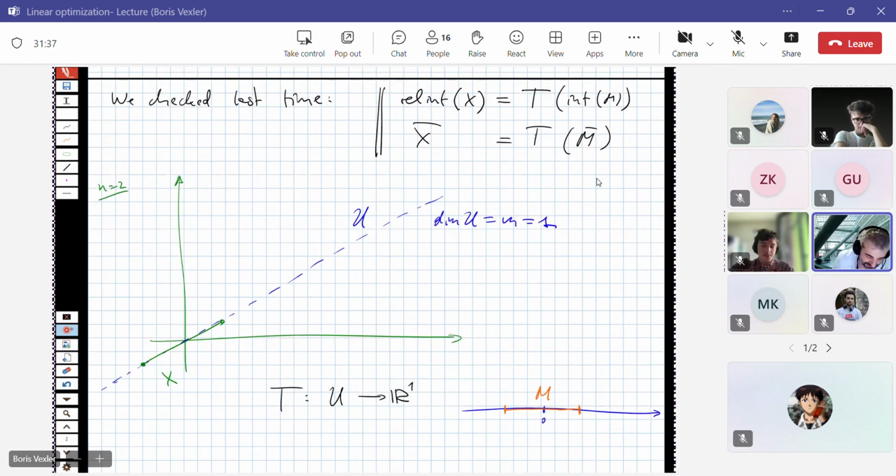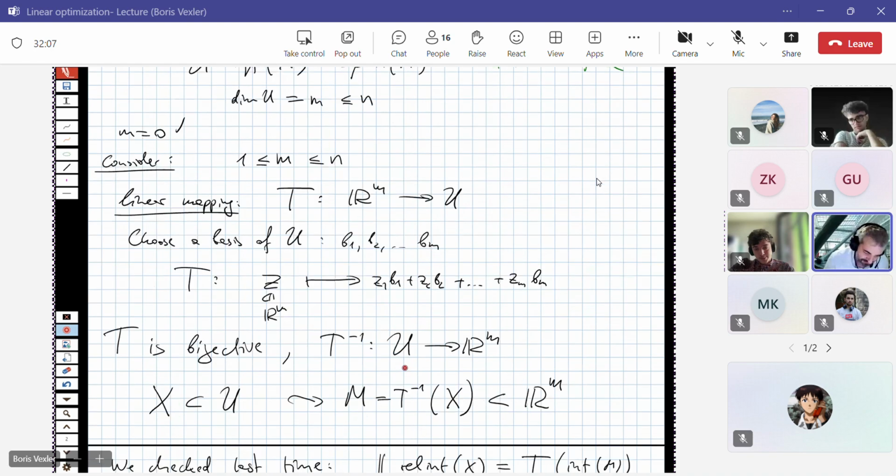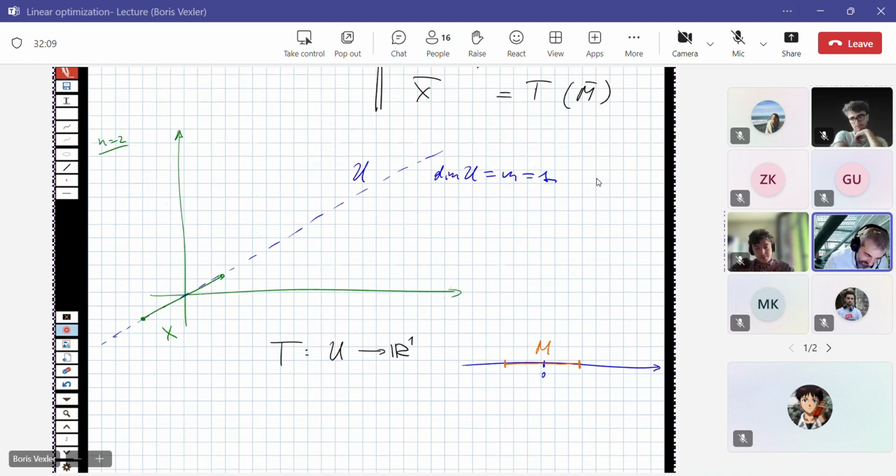In case of the example, again, we have R^2, and here a convex set. Okay, this is our convex set. Now we consider the affine hull of it, which is also the span. This is this U, and this has dimension 1. But this U is not just R to power something, it is something different. It is a linear subspace. But of course there is a one-to-one correspondence between this U and just R. Sorry, I had the direction confused.